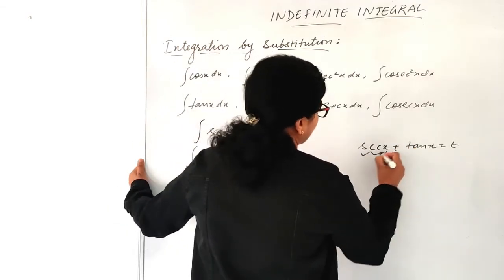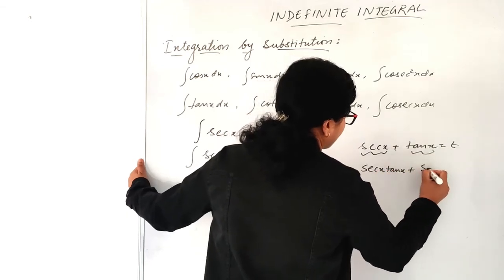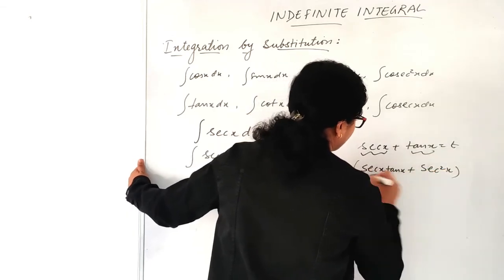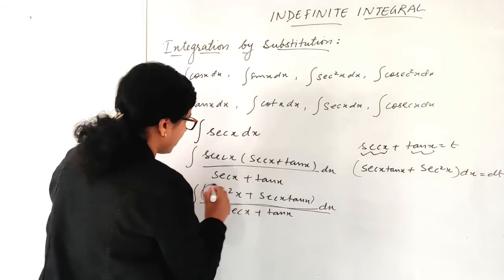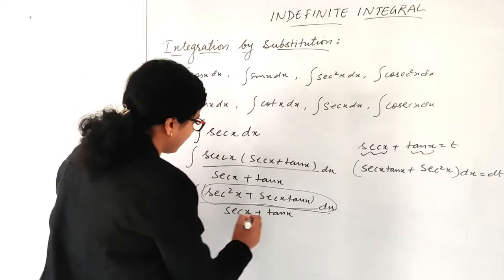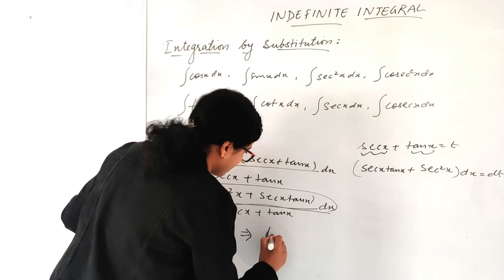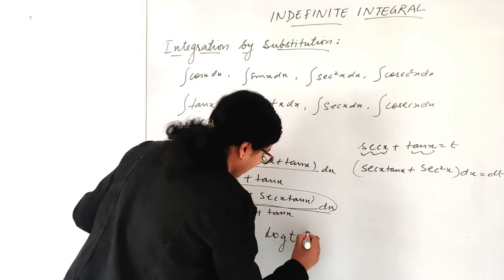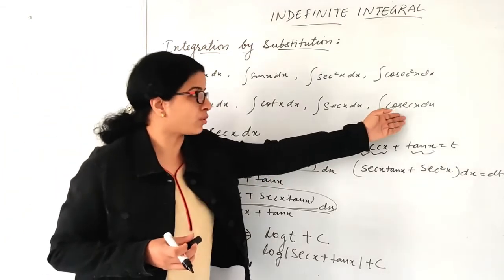So what is the differential of secant x? Secant x tan x, plus what is the differential of tan x? Secant square x dx equals dt. This can be replaced by dt and the denominator will have t. Integration of dt by t is log t plus c. Substitute the value of t. Similarly, we can do for cosec x.